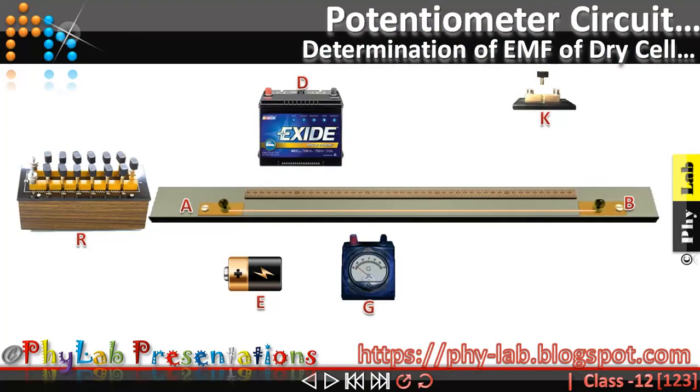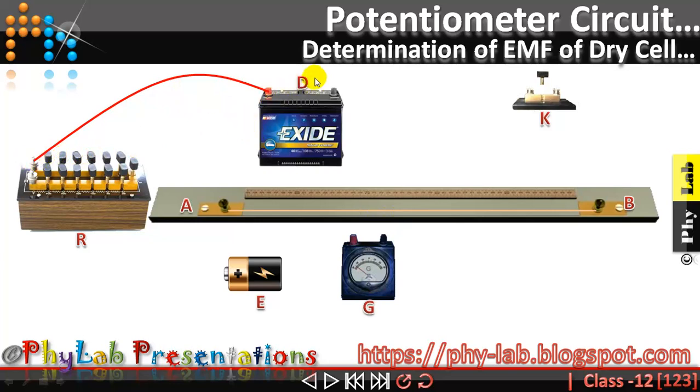Now the same circuit can be reconnected in another format. Here you can see the resistance box has been removed from this position and brought next to the potentiometer wire. The connection I am making is from the positive terminal of the DC power supply to one terminal of the resistance box.